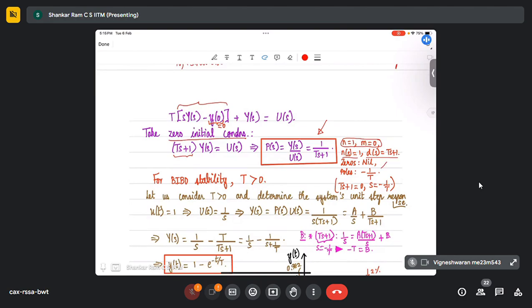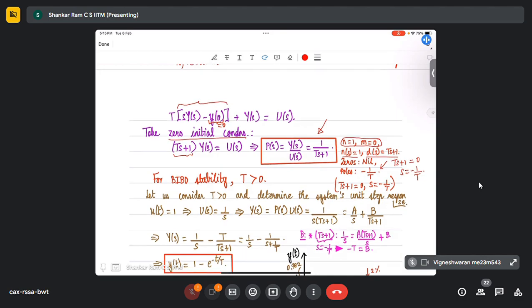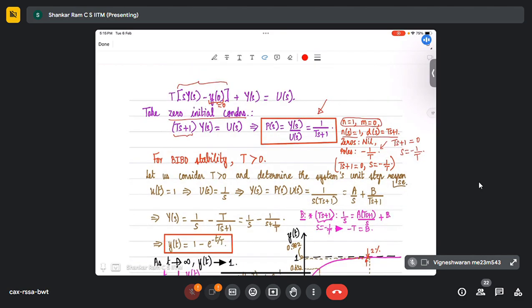Now the pole of the system transfer function becomes minus 1 by T. There is only one pole. How did I get the pole to be minus 1 by T? If we solve Ts plus 1 equals 0 and rearrange, it becomes s equals minus 1 by T. So now, for bounded input, bounded output stability, we want the pole to be in the left of the complex plane.